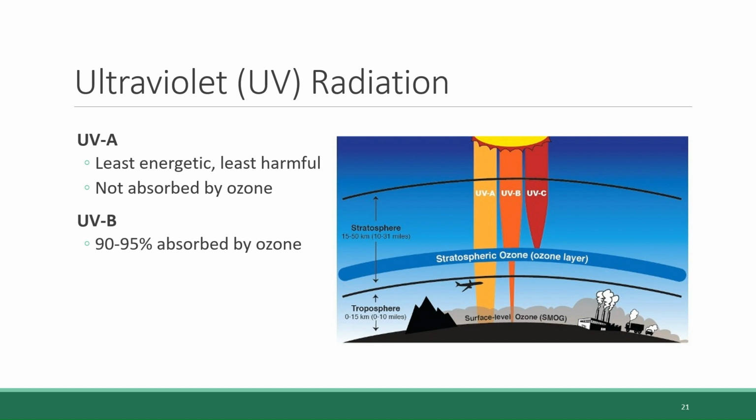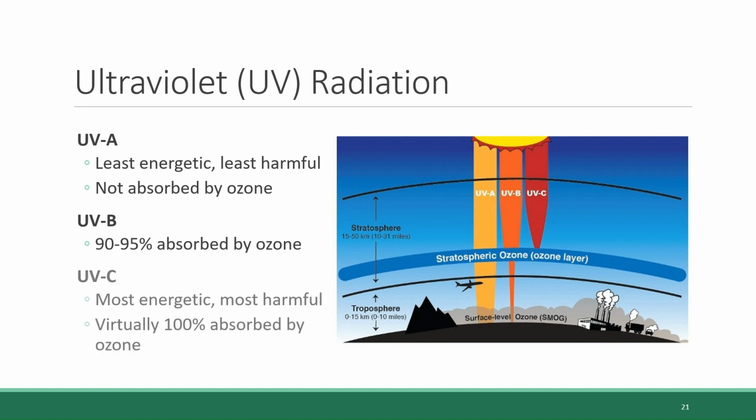UVB carries more energy than UVA, but 90 to 95% of it gets absorbed by the ozone layer, so we're largely protected from it. UVB is the one represented in the darker orange color in the middle, and ozone is actually the only known gas that absorbs UVB, so that gives you a sense of its importance. And finally, UVC.